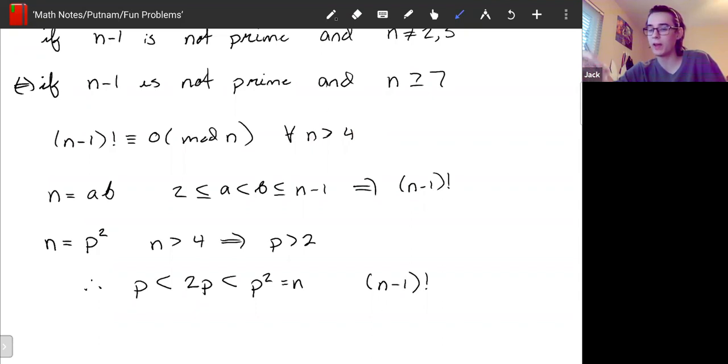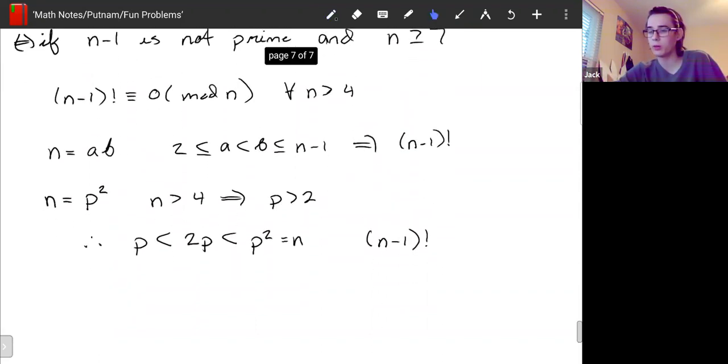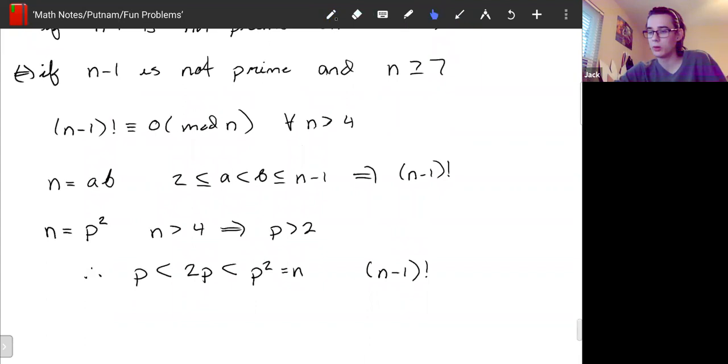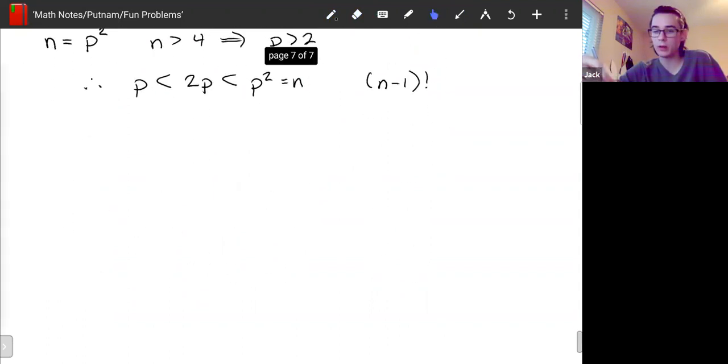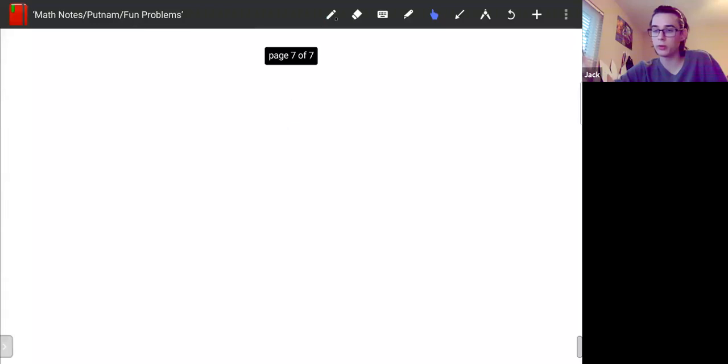So if n minus 1 is 5, that means n is 4, right? So that's why we have this right here, because of this implication. So let's go ahead and try to actually solve this.